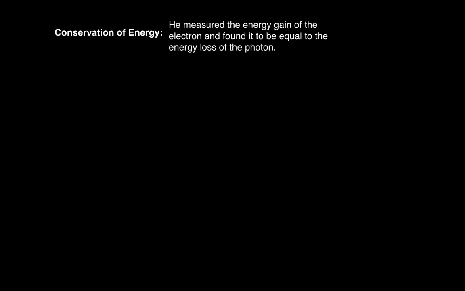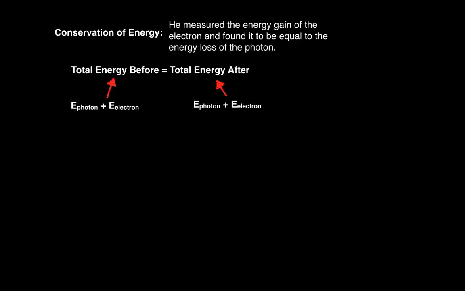He measured the energy gain of the electron and found it to be equal to the energy loss of the photon. The total energy before was equal to the total energy after. The total energy before was the energy of the photon plus the energy of the electron before the collision. The total energy after was the energy of the photon after the collision plus the energy of the electron after the collision.